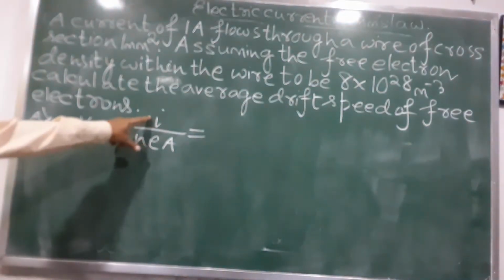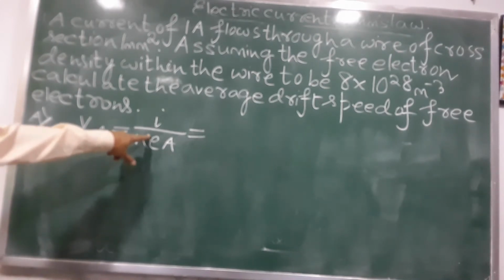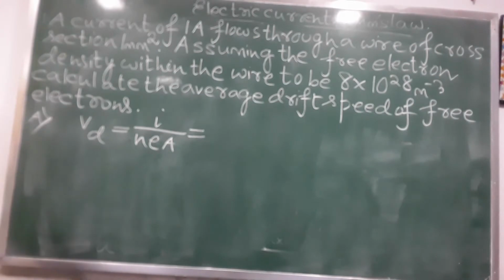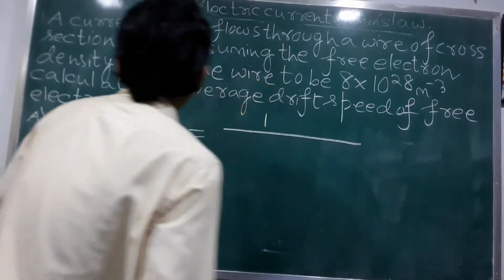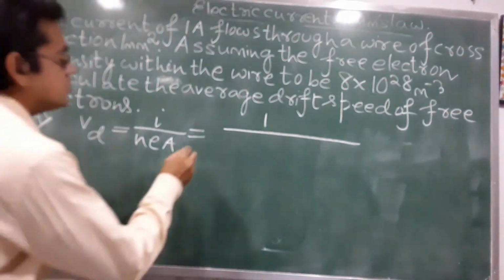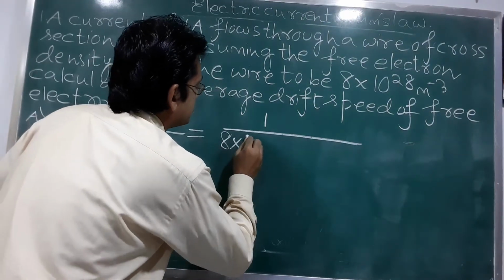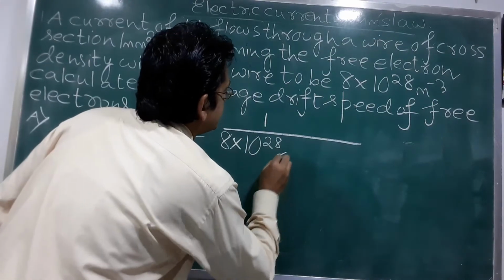I stands for current, N stands for electron density, that means number of electrons per unit volume, E stands for charge of the electron, A stands for area of cross section. So what is the current given? The current is given 1 ampere divided by what is the electron density? It is 8 into 10 to the power 28.